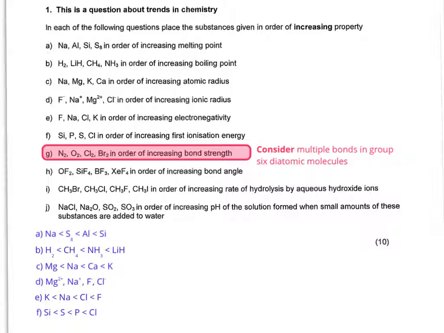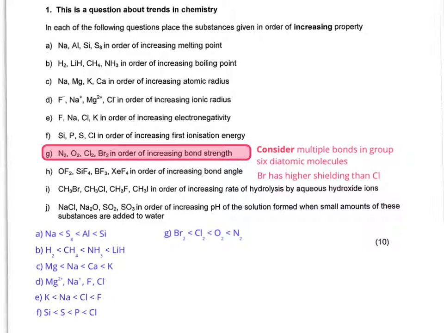And in addition, you've got to think about, for the halogens, the increase in bond strength is going to be down to how much shielding they have. So bromine has more shielding than chlorine. So that allows us to put oxygen before nitrogen, and that allows us to put bromine before chlorine.